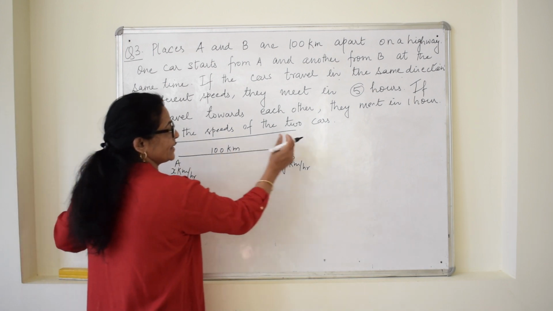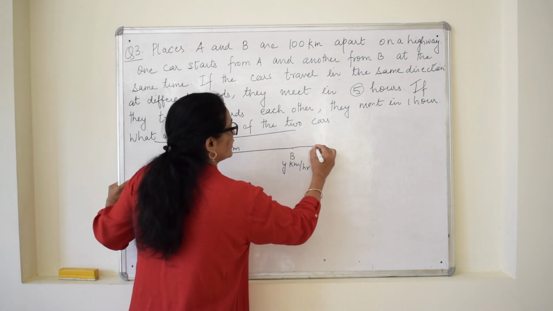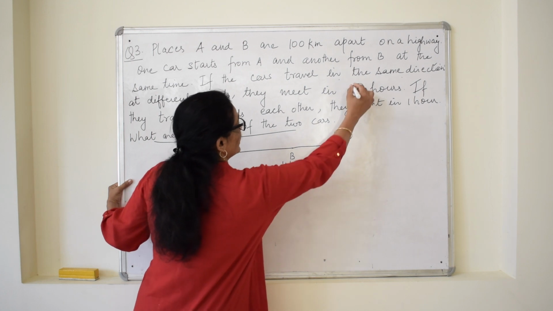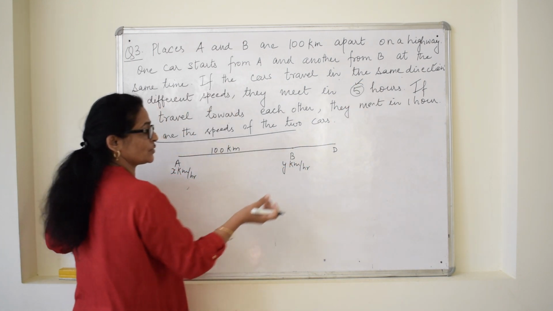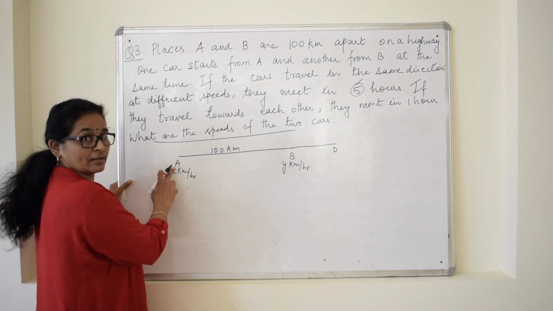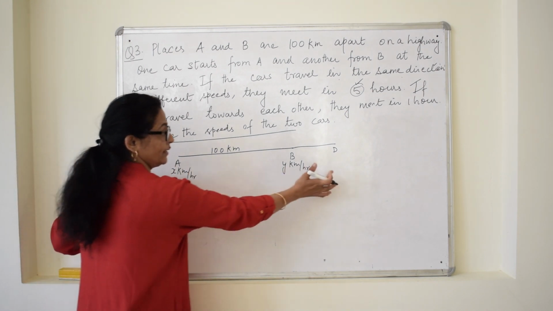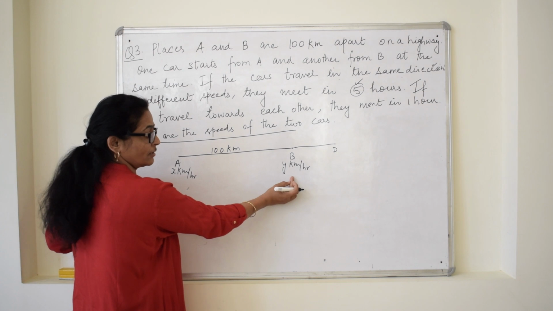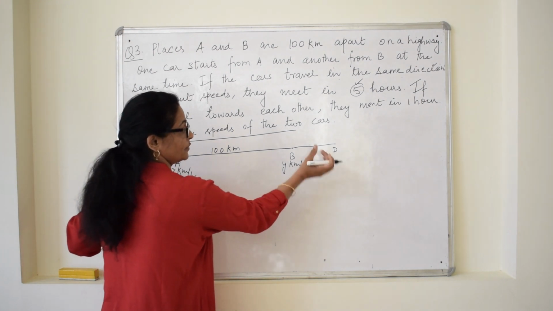When they are going in the same direction, after some time, and what is the time given? 5 hours. They are meeting, suppose they meet at point D. So distance covered by car A will be AD, and distance covered by car B will be BD.